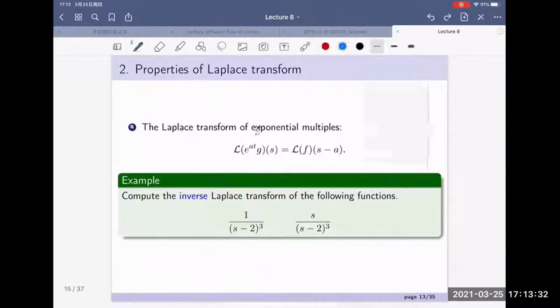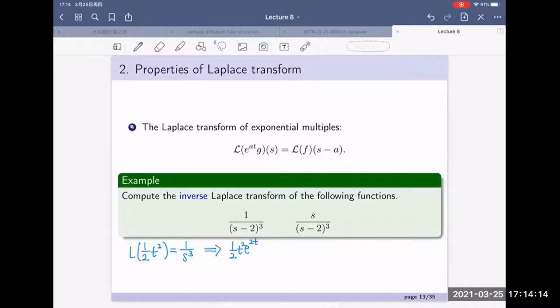So if you consider half of t squared, its Laplace transform would be 1 over s to the power 3, right? And you want to find a function whose Laplace transform is a shifted function. This is simple because you have a formula to use here. Just multiply the function by an exponential function: exponential 2t times half t squared.